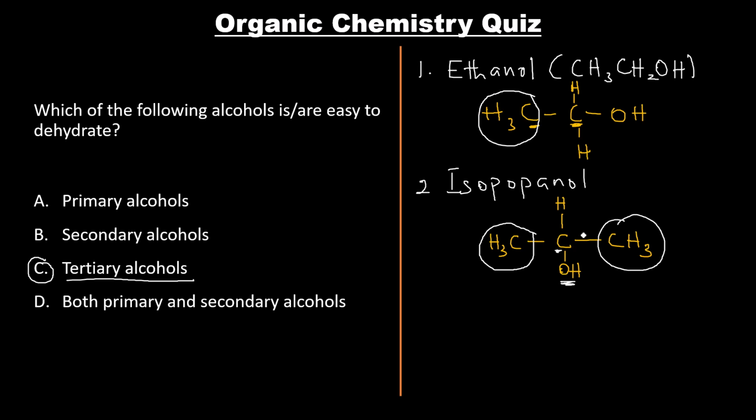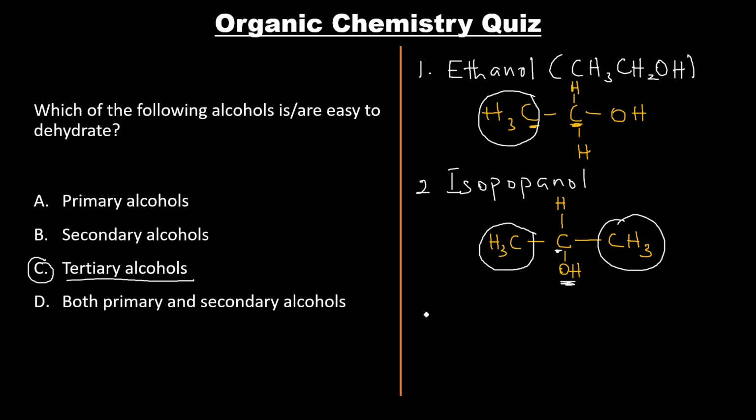So it is a secondary alcohol. So you realize that this secondary alcohol has enough electron donating groups in the form of these alkyl groups. So it will be easier to dehydrate this isopropanol as compared to the ethanol. So it makes secondary alcohol easier to dehydrate when compared to primary alcohol.